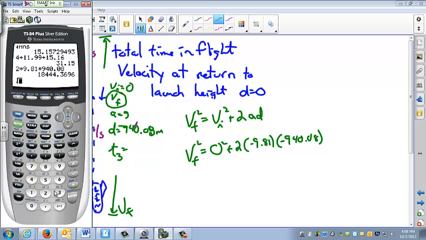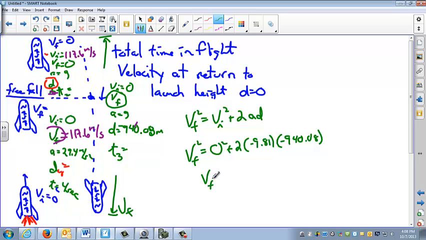So the square root of my answer gives me a final velocity of 135.81 meters per second.